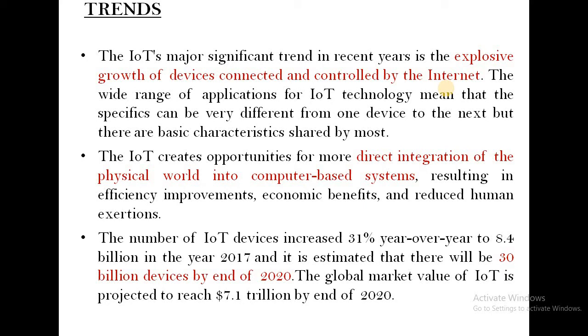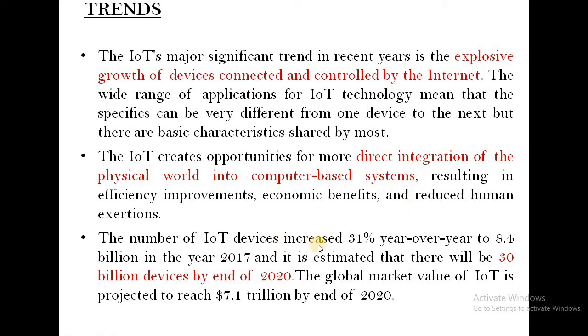So there is no human intervention. You are not required to use the buttons and change the temperature of the AC. It automatically gets changed. The IoT creates opportunity for more direct integration of the physical world into computer-based systems, resulting in efficiency improvements, economic benefits, and reduced human exertion.